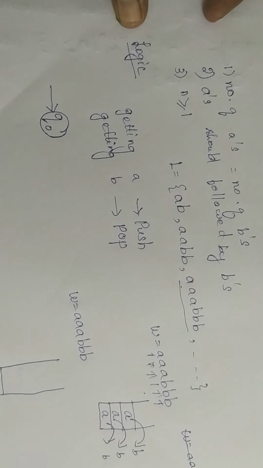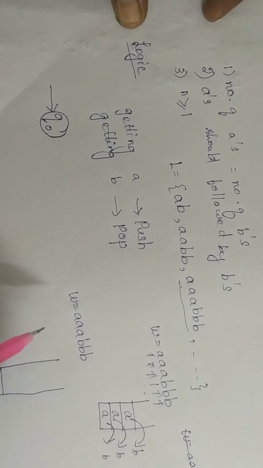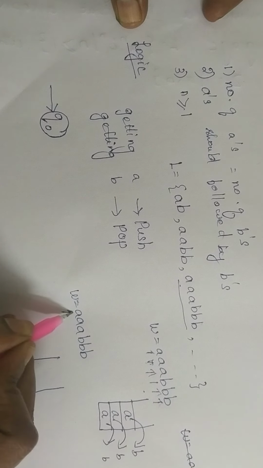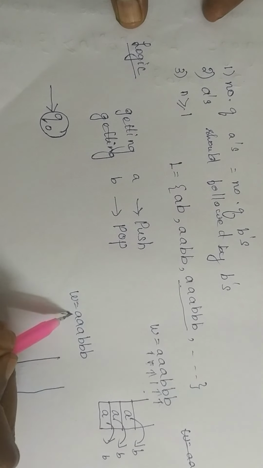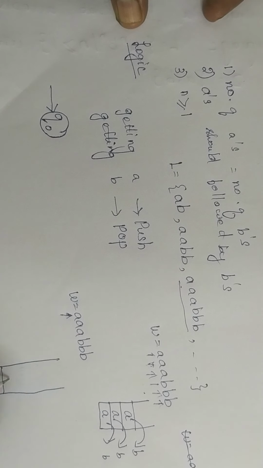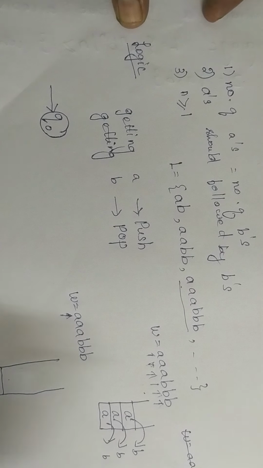Now we first read the first symbol, that is A. Whenever we get an A, we push it into the stack. Initially, while reading the symbol, just imagine we are holding this Z0 in our hand, and after reading the symbol A, we push both of them into the stack.